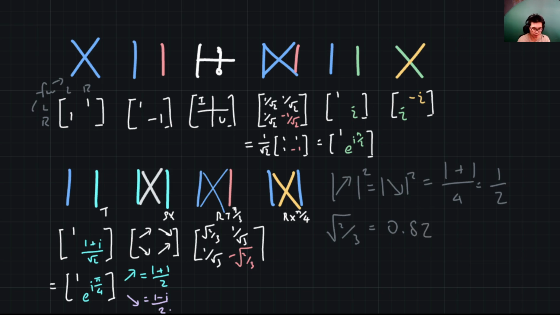Likewise, the square root of 1 over 3 would be 0.57. It is like splitting the qubit at a 60-degree angle.